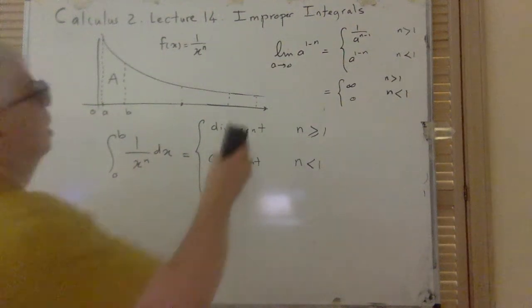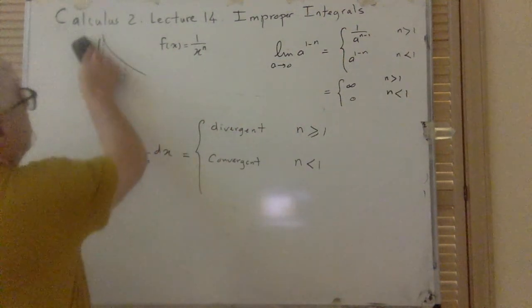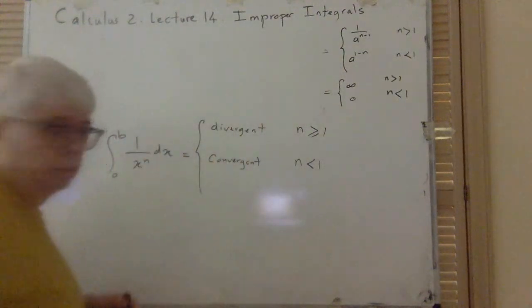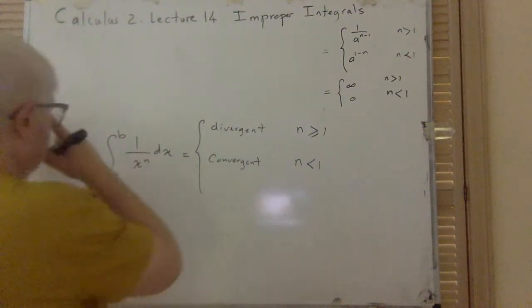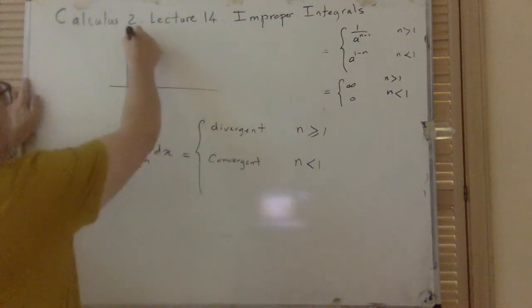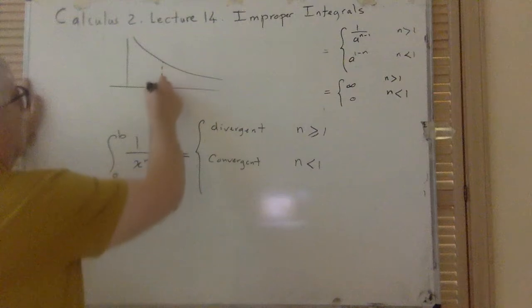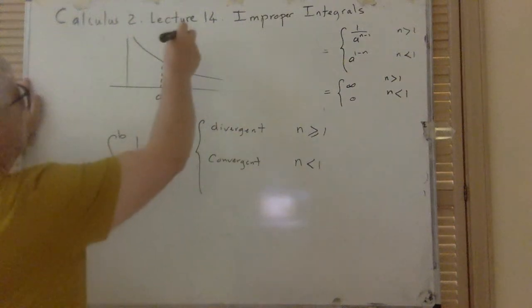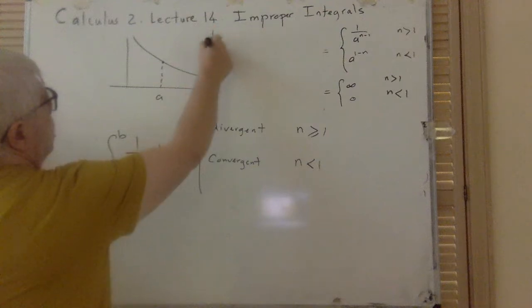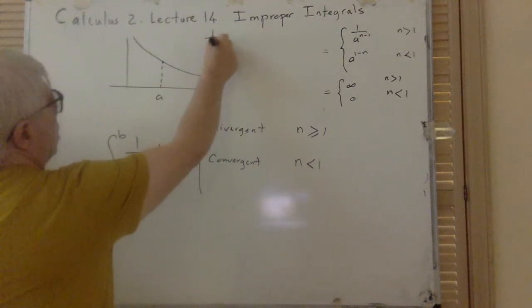So let me draw some picture here for you and show it in a picture. So this is any point here, let's say point A or B, whatever. So this is 1 over x to the power n.